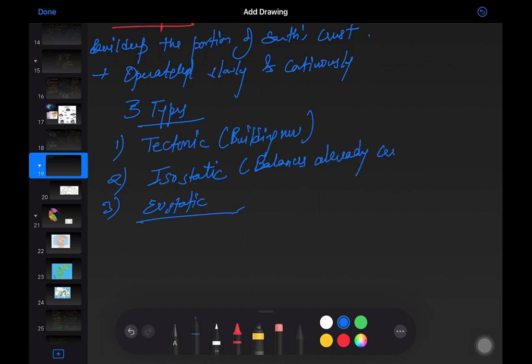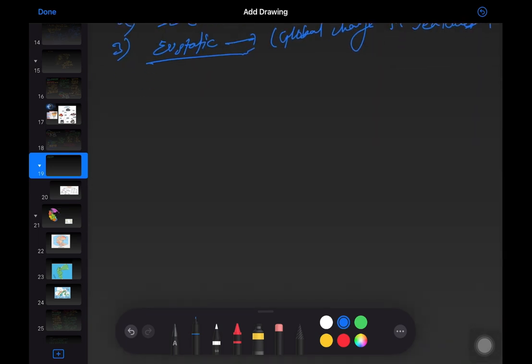While this eustatic force is responsible for the global change in sea level. This we will see further, and this tectonic movement is further classified into two: epirogeny, orogeny.